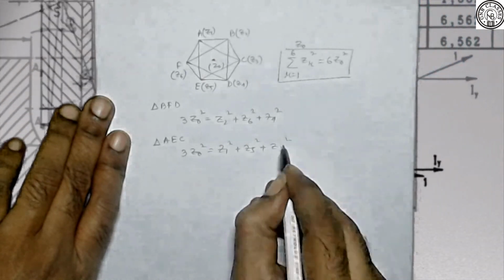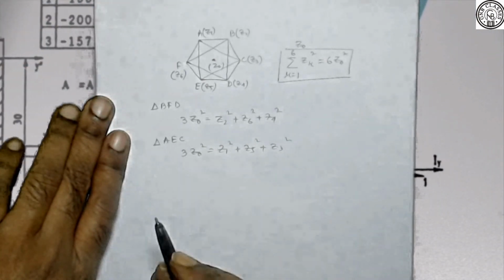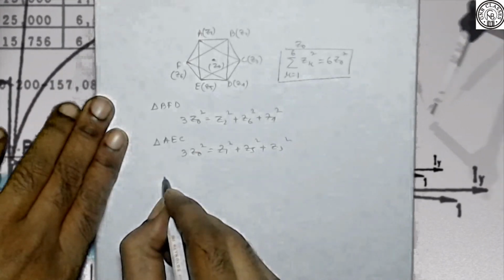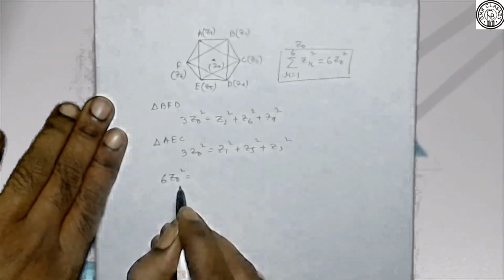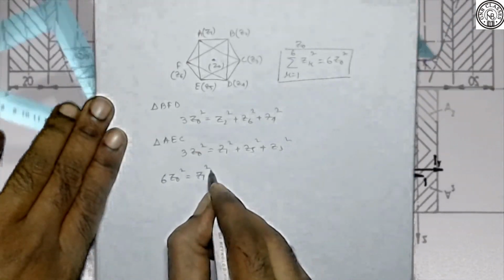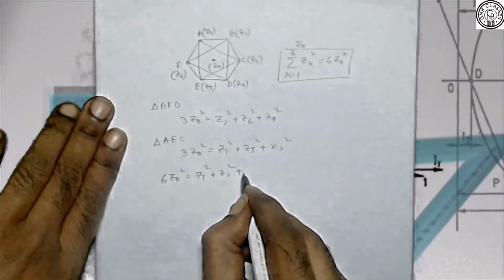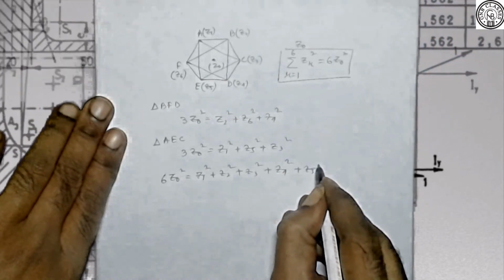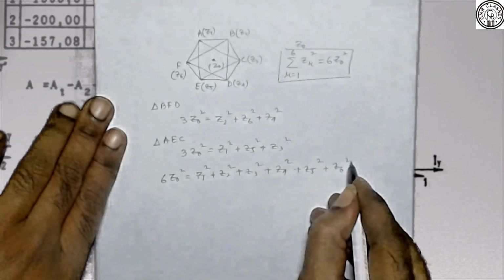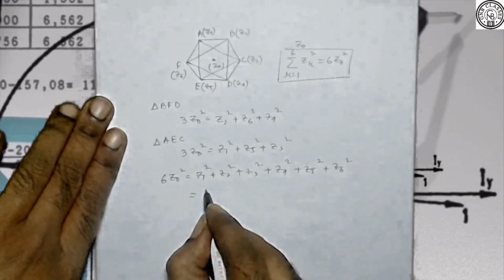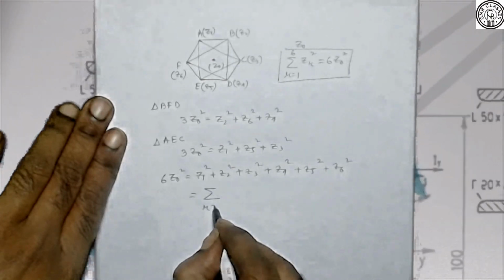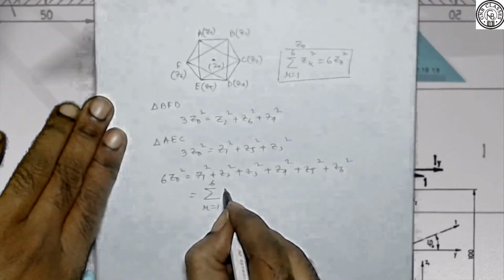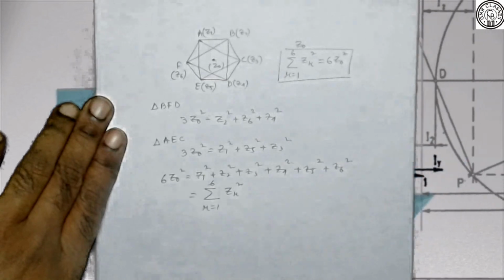Tell me yes or no. Now if I add the corresponding sides, we are going to have 6Z0 square equals Z1 square plus Z2 square plus Z3 square and so on, which can also be written as sigma R from 1 to 6 Z square.